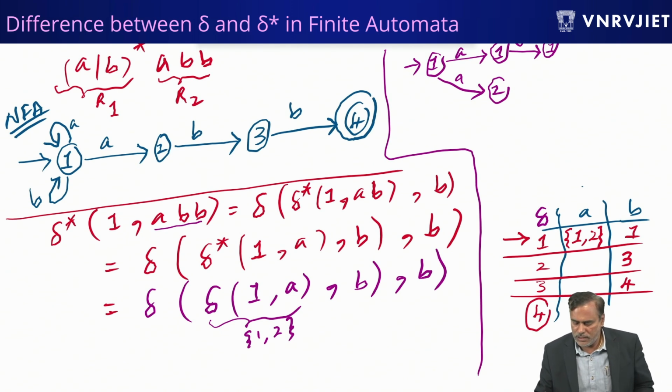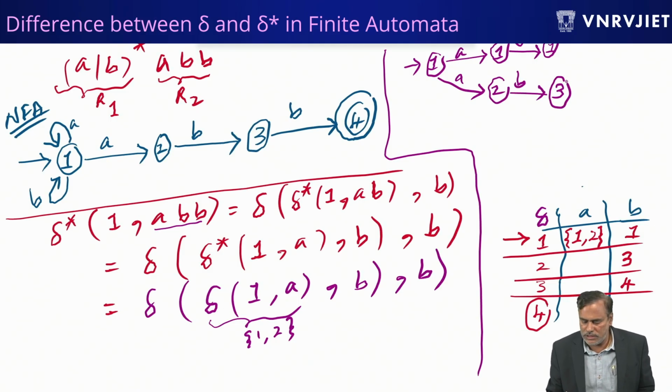Your second input symbol is b. So 2 on b, you can go to state 3. So the first two input symbols, ab, are completed.